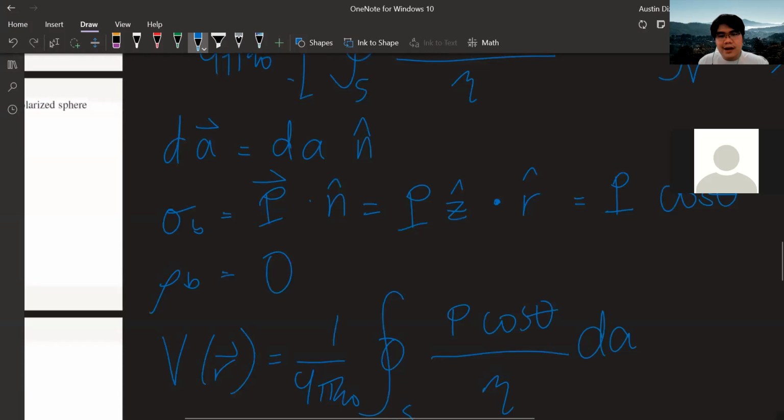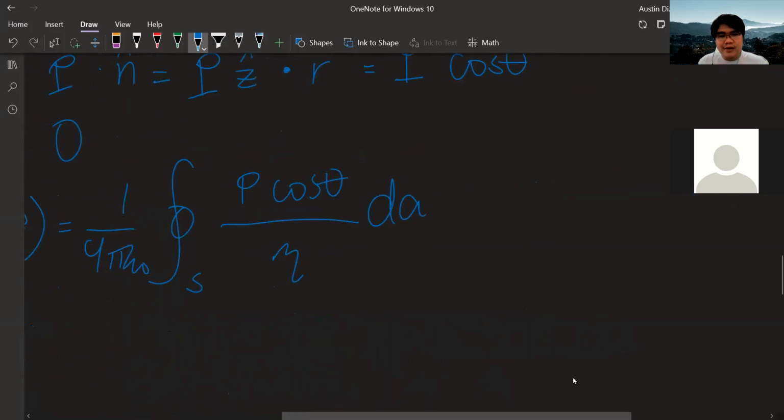Okay, alam natin yung dA will transform later on. Joke. Alam natin na mag-transform lang yun sa R squared sine theta d theta dphi. Okay?